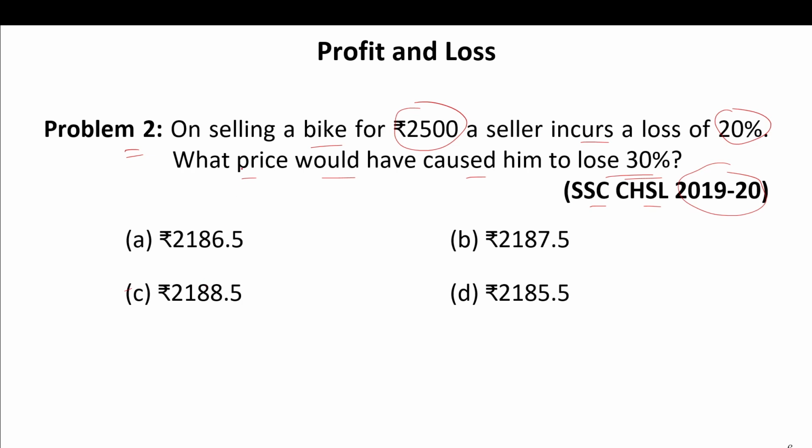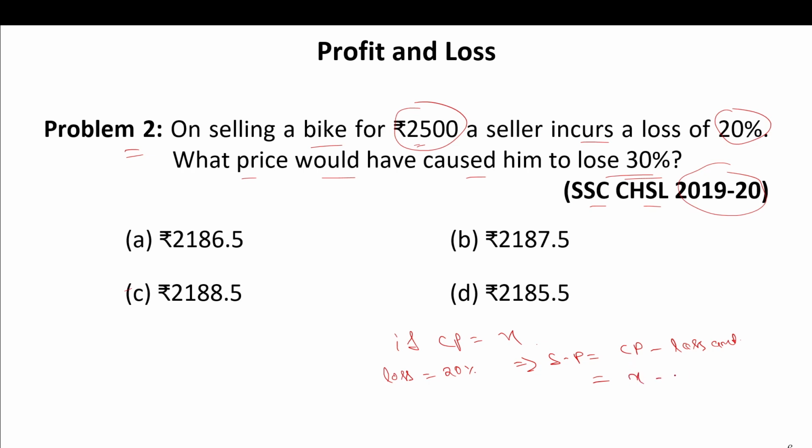Okay, so let's see. On selling a bike for 2500, basically after getting a loss of 20%. So if CP is equal to x, and the loss is 20% as given, then this implies SP is equal to CP minus the loss amount. So how do we calculate the loss amount?